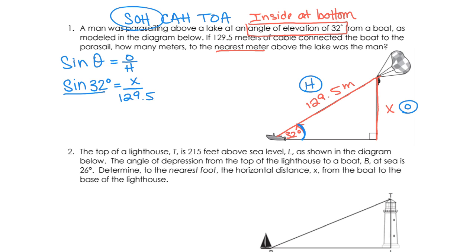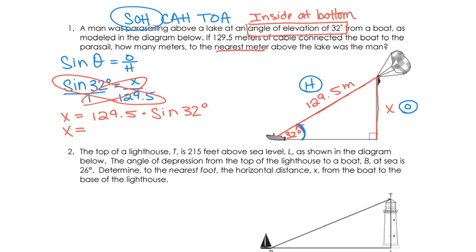We are solving for a side, so we put this over 1 and cross multiply and end up with X equals 129.5 times the sine of 32 degrees. Since it's X equals, we type it right in.